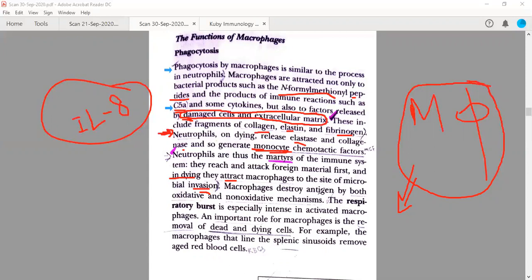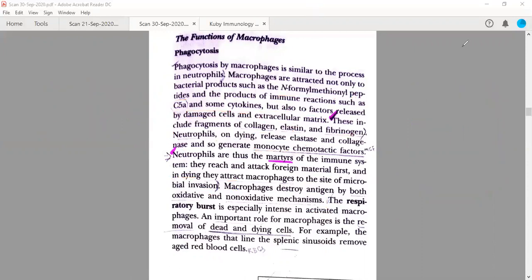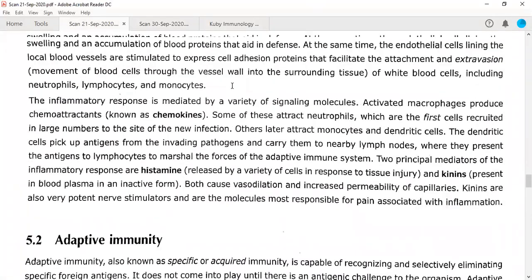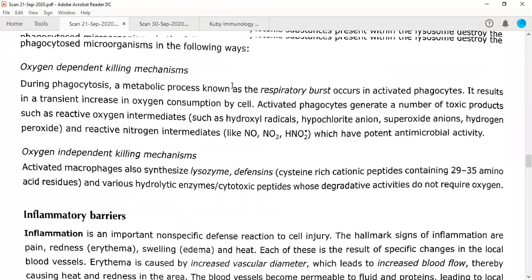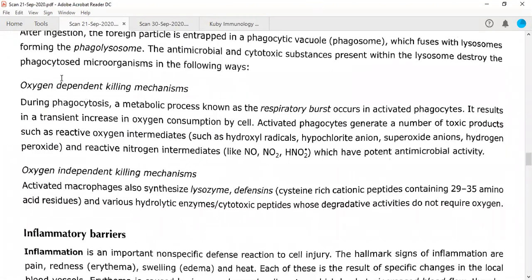Macrophages destroy the antigen by both oxidative and non-oxidative mechanisms. If you do not remember, in your Pathfinder, we have already covered both processes. Okay, so I'm showing you first. If you have this book, we already have covered both types, called the oxygen dependent killing mechanism and the oxygen independent killing mechanism.